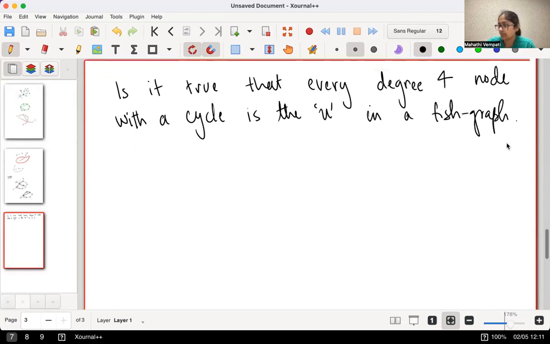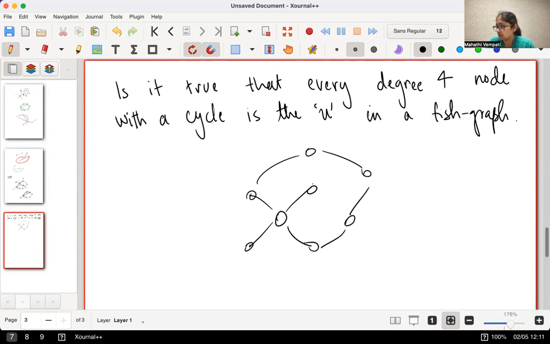Let's see. So there's a degree 4 guy, and as you imagine, there's a cycle. Now, the way the cycle wouldn't be in the fish graph is if this were a neighbor of the cycle and this were a neighbor of the cycle.